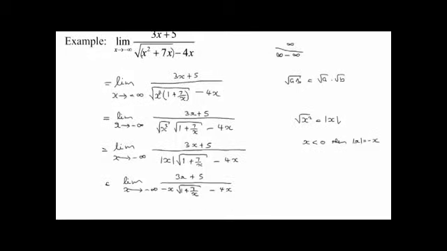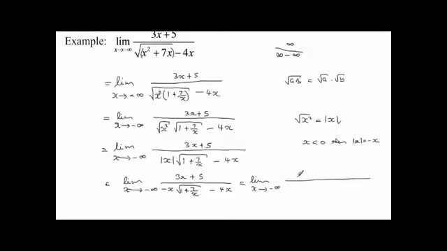Now at this stage, I'll draw your attention to another manipulation we're going to do in the numerator here, and we're going to do it this way. Let's write this as limit as x is tending to minus infinity.